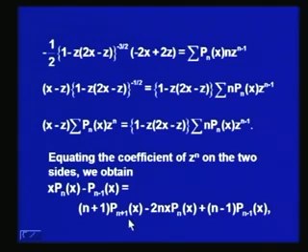So, we get (n plus 1) into Pn plus 1, and on the left side the coefficient of z to the power n will be x into Pn(x), and then here the power of z becomes n plus 1.